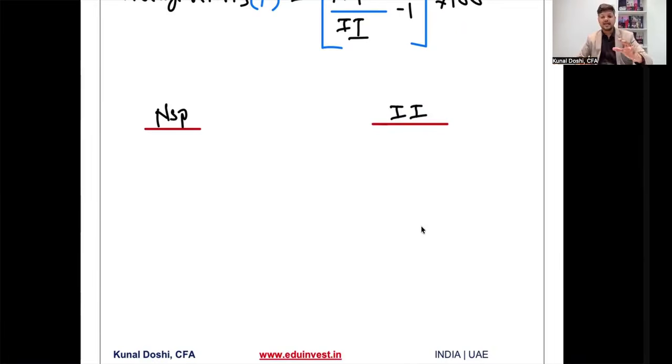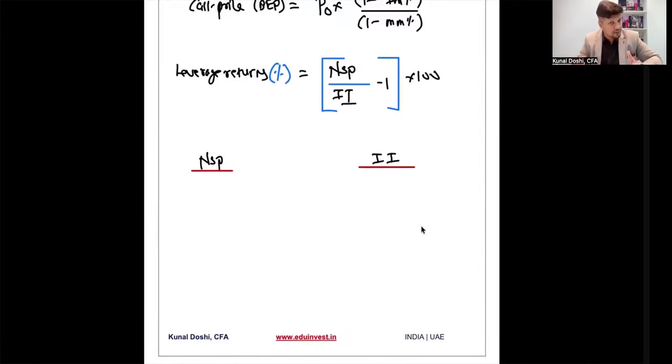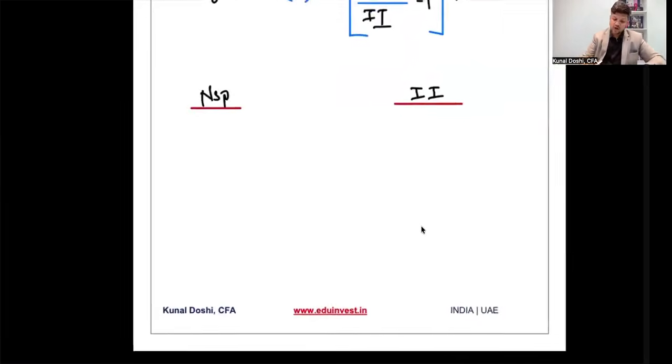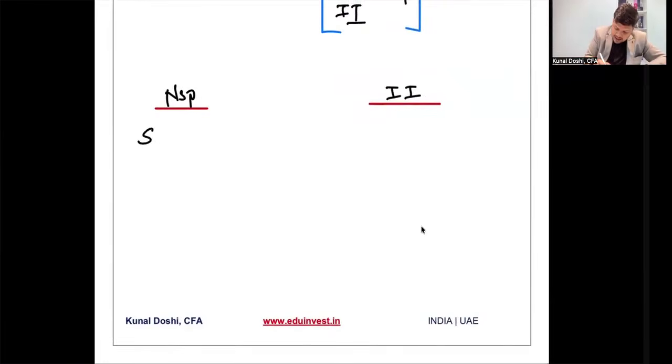Now what I'm going to write is something that I have derived. This is not an official formula, but it covers every aspect. So what is NSP? When you sell the fund, what do you get? You get the sale price or the selling price of the fund. This is number of shares into the market price. Which number of shares? Ending share price into number of shares.